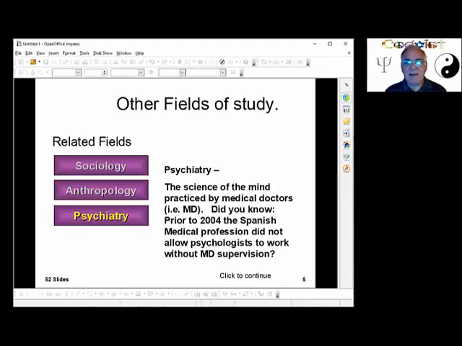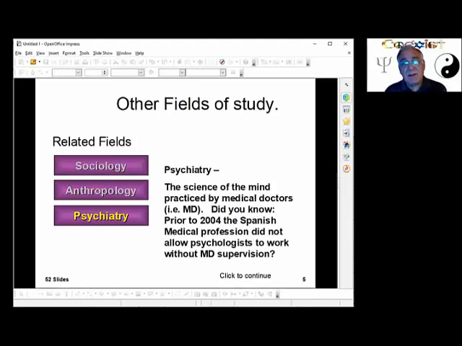Actually, in Spain, prior to the year 2004, to be a psychologist, we got our clients from psychiatrists who referred them to us. And why would a psychiatrist refer a patient to a psychologist when they can do all the work themselves?